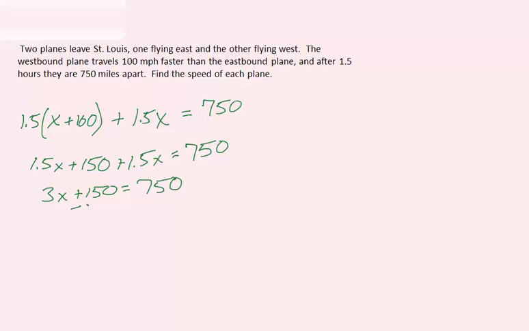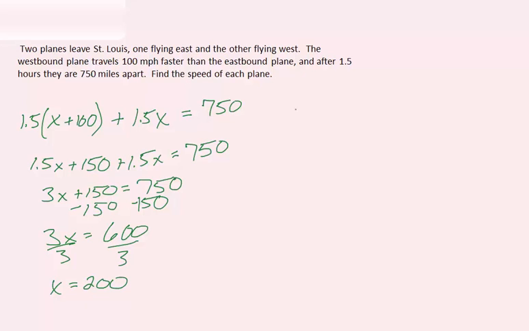We subtract 150 from both sides. It'll leave us with 3x is equal to 600. If we divide each side by 3 to get x by itself, we'll see that x is equal to 200. So now we know what x is equal to.